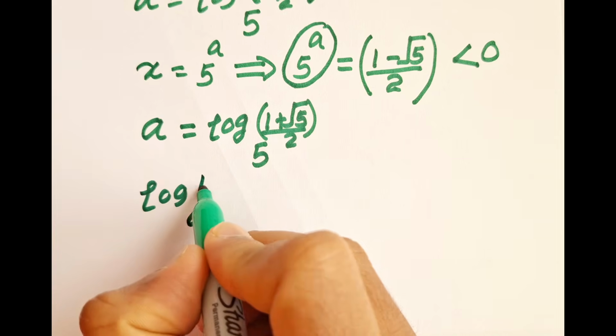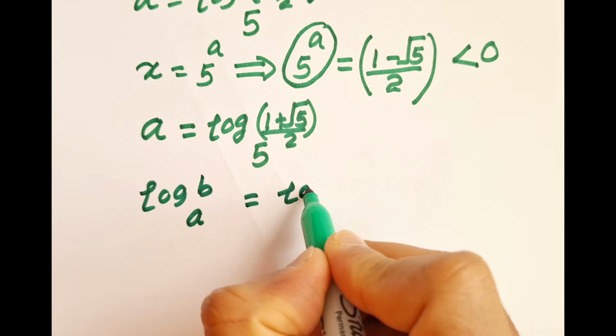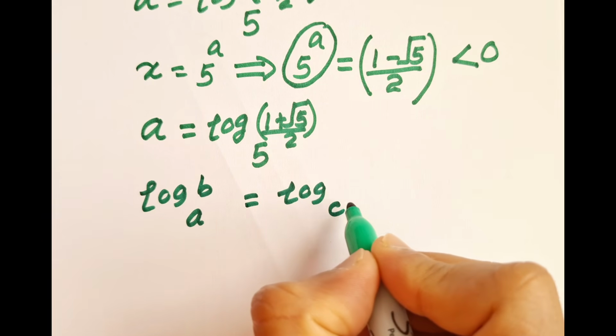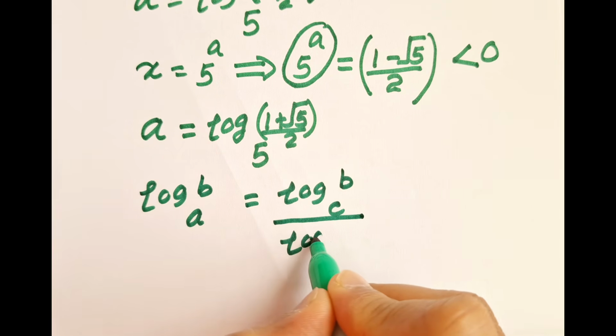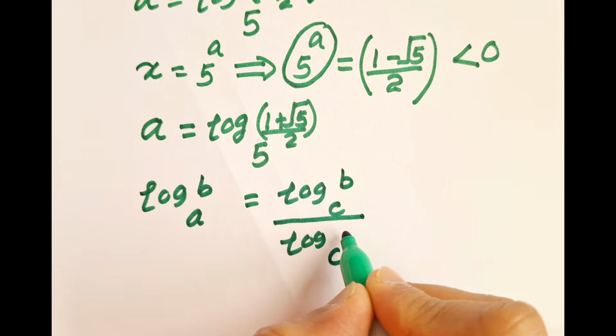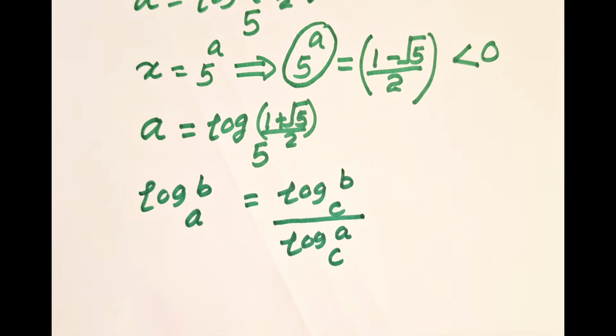So in logarithms, you can write log base a of b equals log base c of b divided by log base c of a.